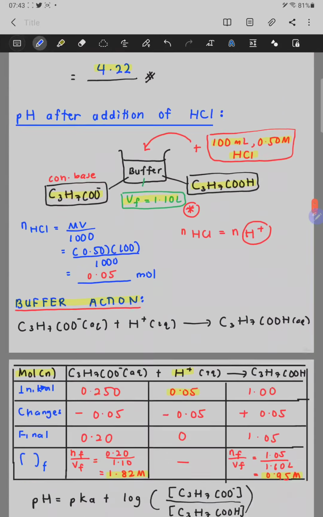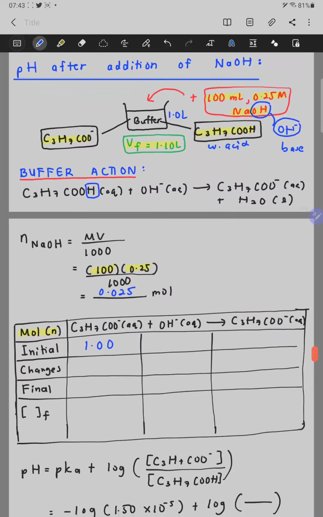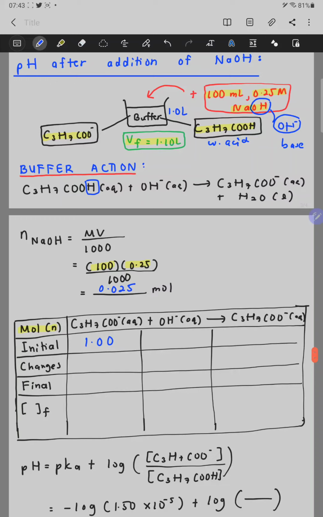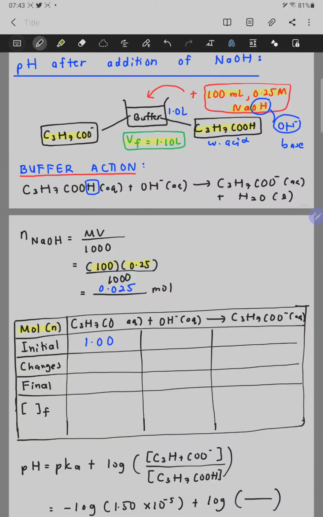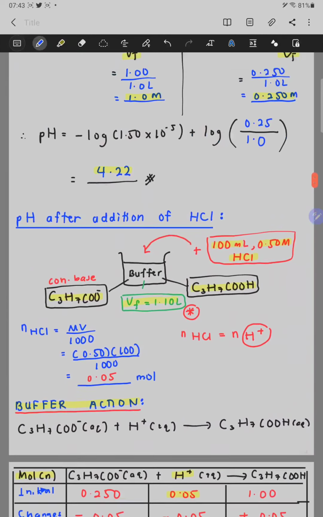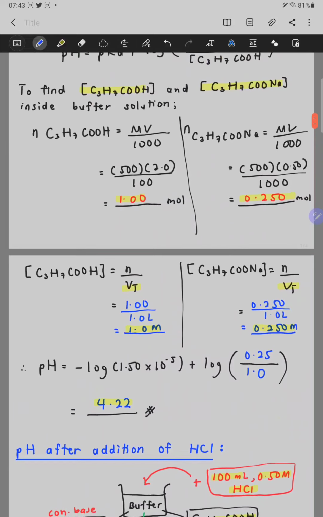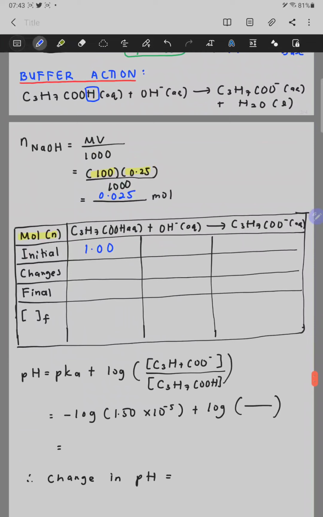Okay, yes, betul. Oh, teacher silap kat sini. So sini adalah COOH. I'm sorry. Okay, so betul lah 1 mole. Okay, tengok ini adalah number of mole yang initially tadi. This one 1 mole kan. Okay, so kita masukkan 1 mole ni dalam ice table.